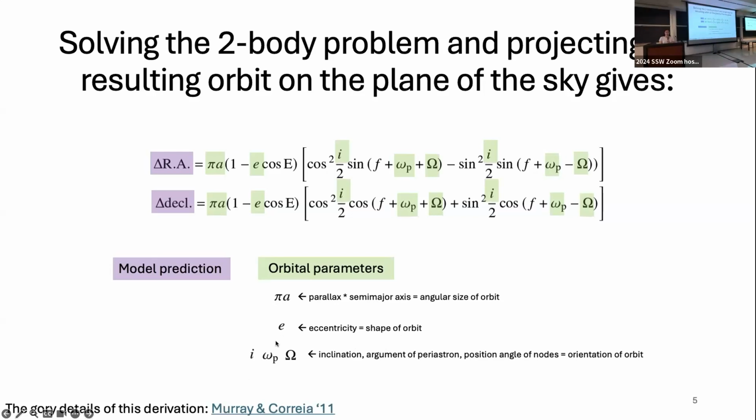And then we've also got a couple of angles here: the inclination, the argument of periastron, and the position angle of nodes. All of these orient the orbit in space. And then we've also got a couple of these fun things called anomalies. We've got two flavors of anomalies, an eccentric anomaly here and a true anomaly. These are functions of time.